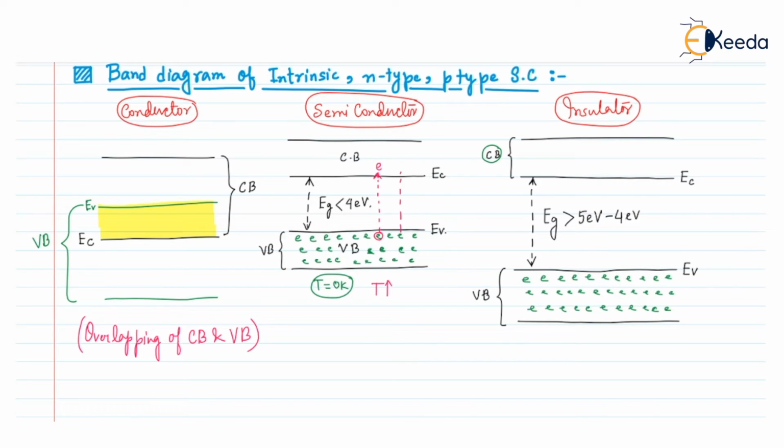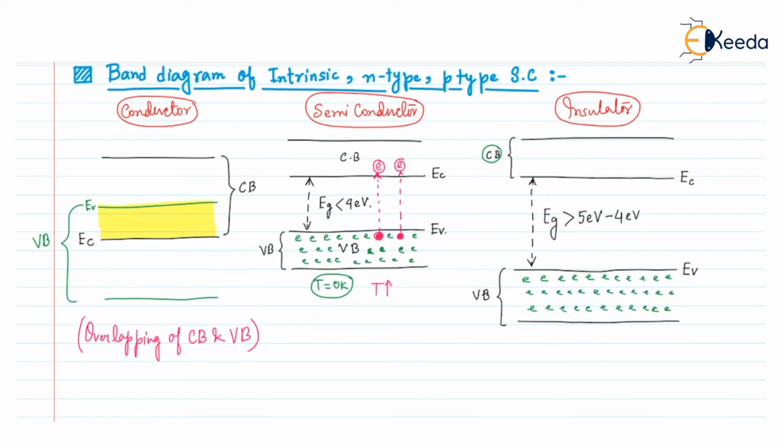Similarly, other electrons can also jump into the conduction band because the energy gap here is very small. So a hole will be created here. Similarly, a hole will be created here. So now a free electron is created in the conduction band, and the semiconductor can conduct current at a temperature greater than 0 Kelvin. So this is the band diagram of a semiconductor and the earlier one is the band diagram of an insulator.